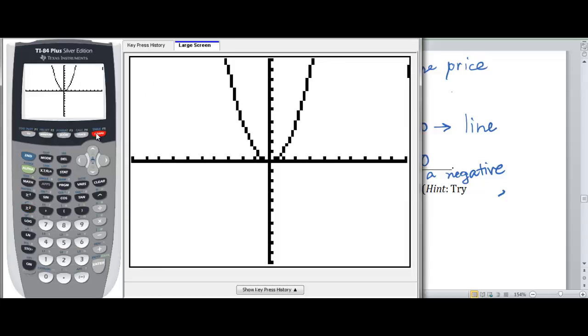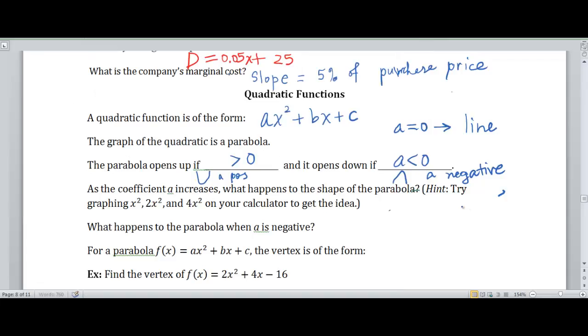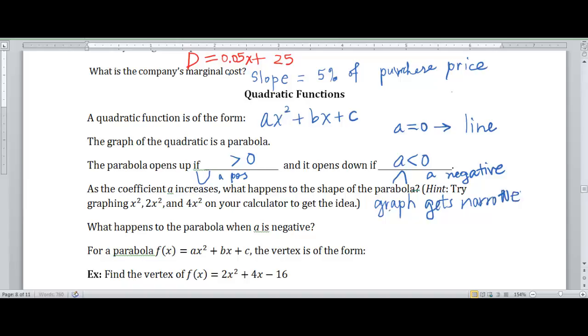So there's x squared, there's 2x squared, there's 4x squared. You can see that as you increase the coefficient a, your graph gets narrower as a increases.